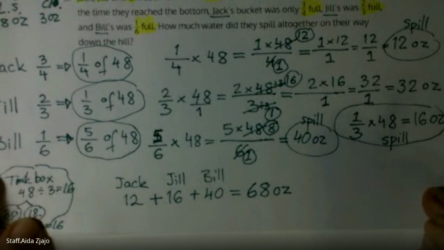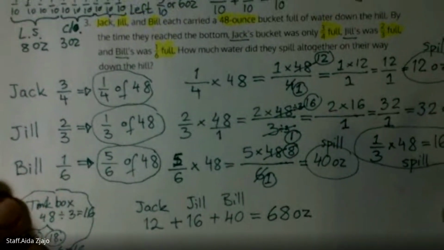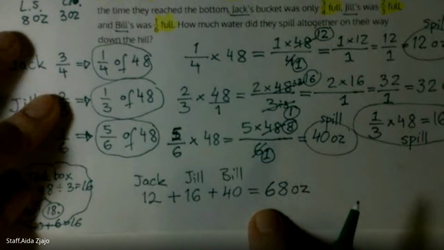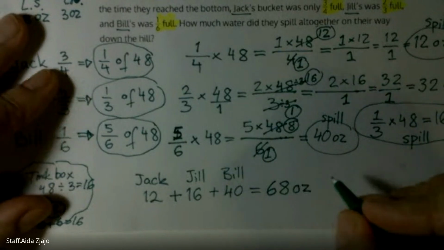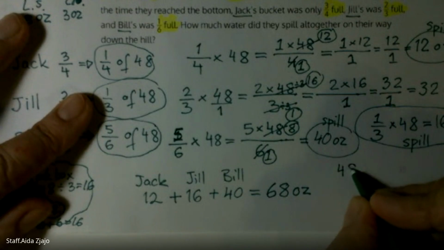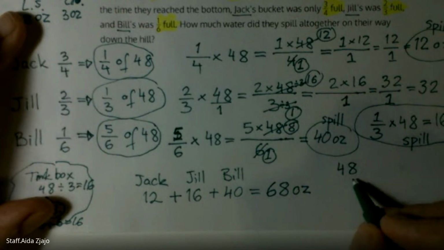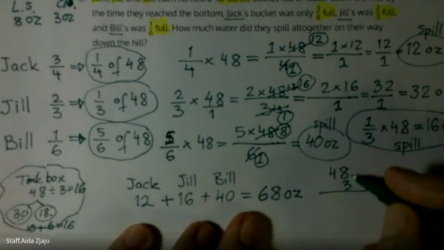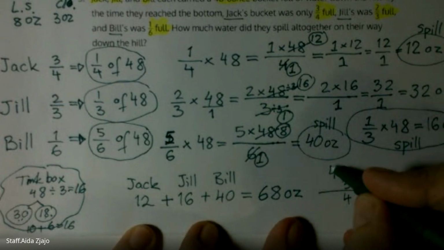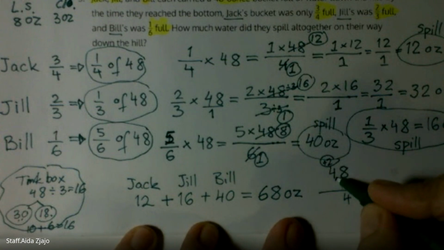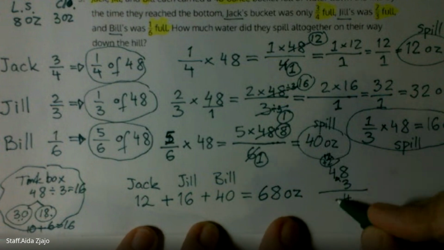How many altogether they have? You can also think that each has a bucket that is 48 ounces. So when you think about 48 and 3 people, 3 times 8 is 24, I remember 2, and 3 times 4 is 12 plus 2.